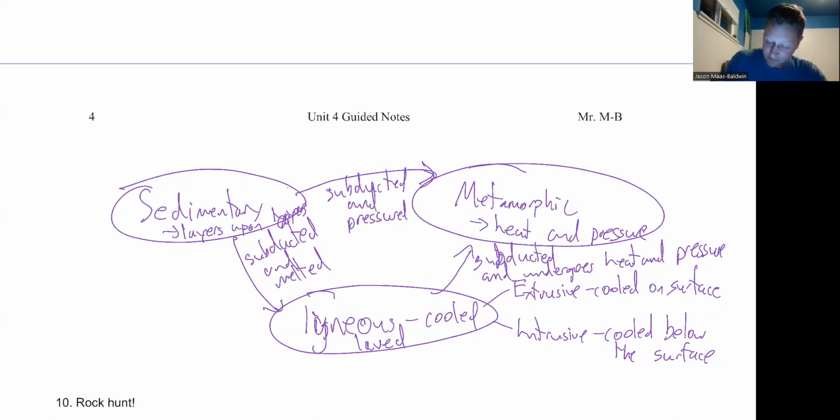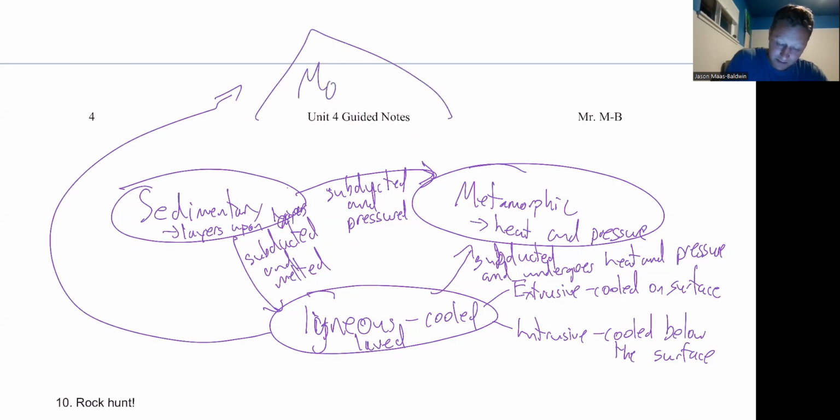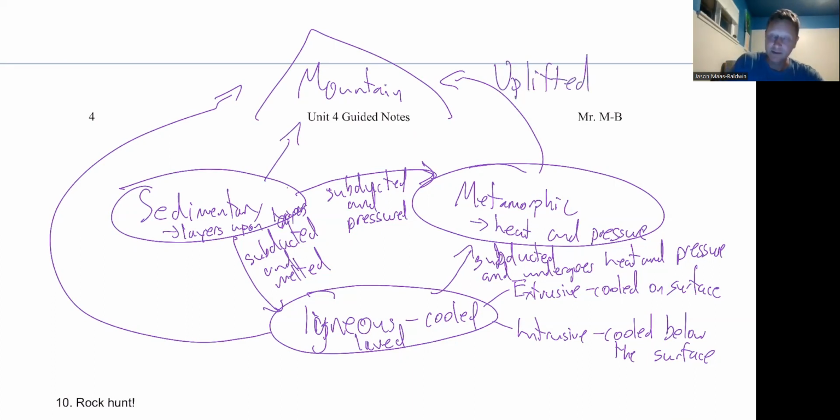Igneous rock, hold on here. Any of these can go up to a mountain. I'll put up a mountain, right? Any of these can go up to a mountain and be uplifted. And that means pushed up by plates to form a mountain, right? Like we were talking about.